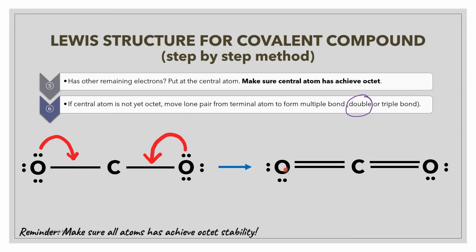So from here, you boleh check lagi sekali octet stability untuk setiap atom. So this O has achieved octet rule 2, 4, 6, 8. Okay, this carbon has octet rule as well, 2, 4, 6, 8, and this O pun dah mencapai octet 2, 4, 6, 8. So apabila semua atom in this structure sudah mencapai octet, maka this is our Lewis structure for carbon dioxide.